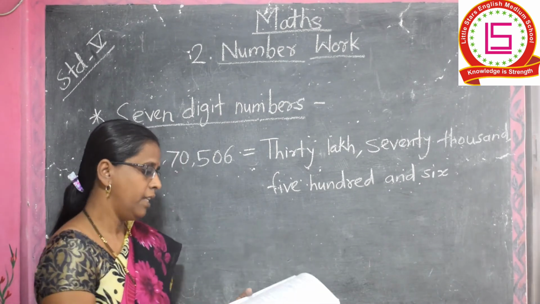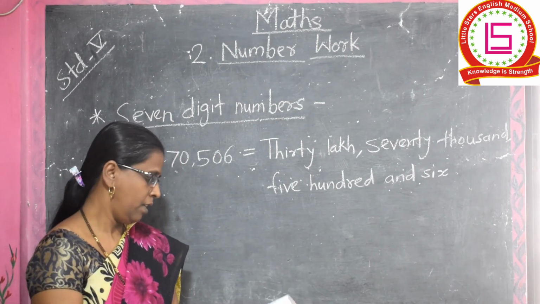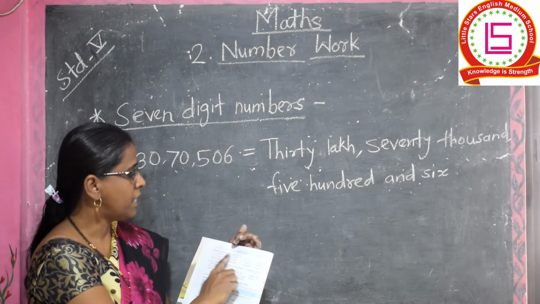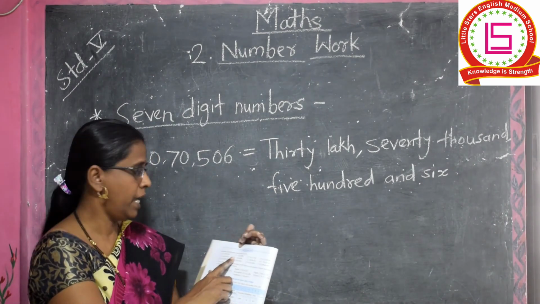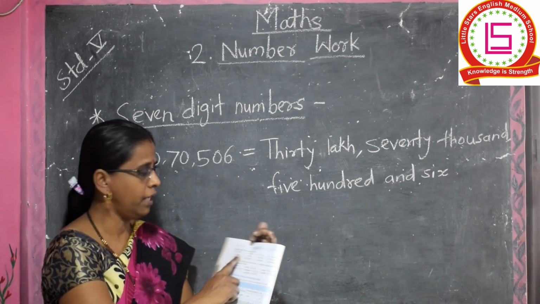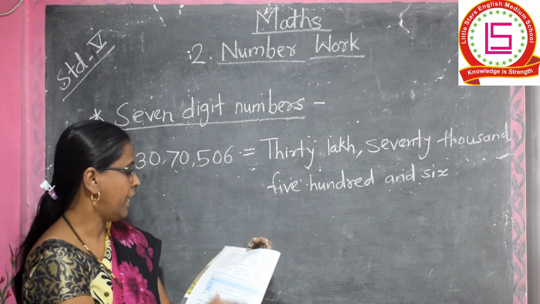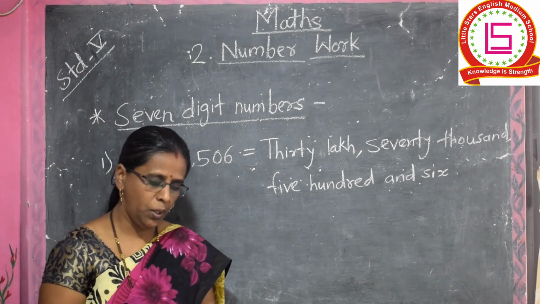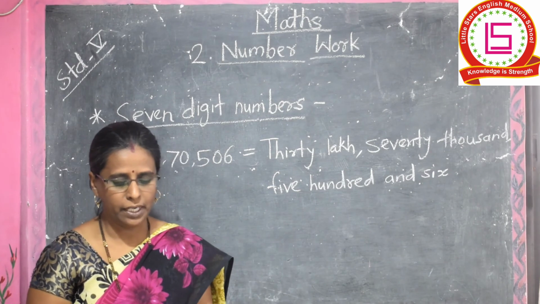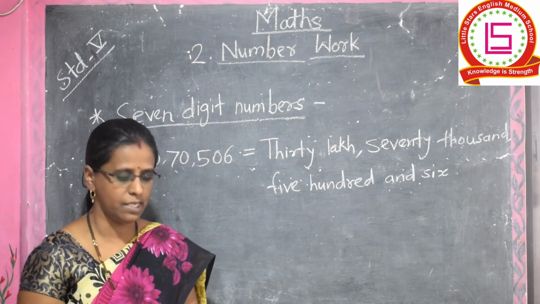Then see problem set 4. Read the numbers and write them in words. Same as the problem set 3. Only one digit is added here. Then see second question. Given below are the deposits made in the Women's Cooperative Credit Society of some districts.